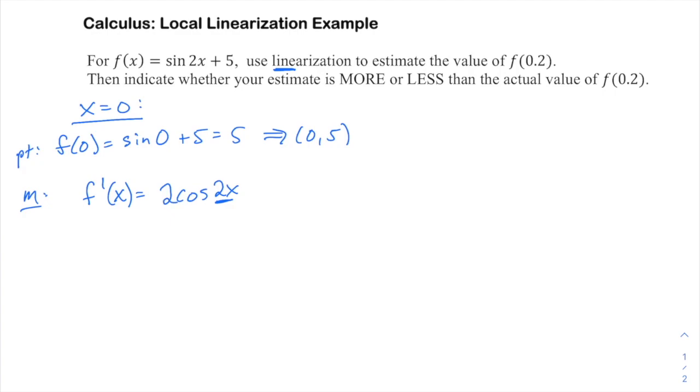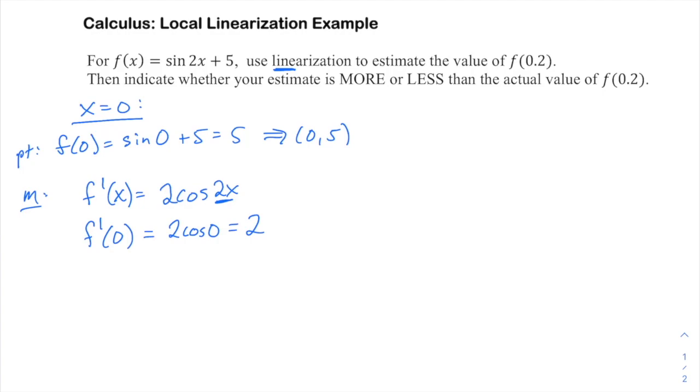The constant of plus 5 just drops out. Now that's the derivative, but I need the slope at x equals 0, so I plug 0 into that derivative. F prime of 0 is 2 times the cosine of 0. Cosine of 0 is 1, so 1 times that 2 gives me a nice slope value of 2.